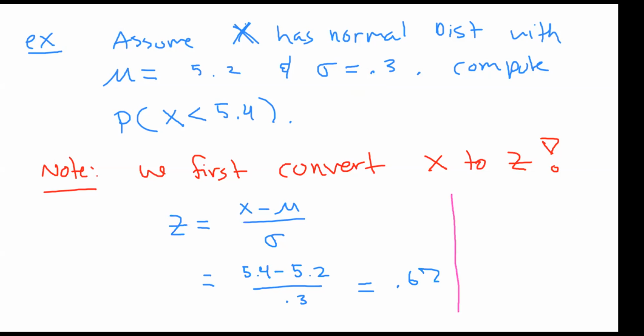What we're saying is the probability that X is less than 5.4 is the same as the probability that Z is less than 0.67. That's what we're saying.